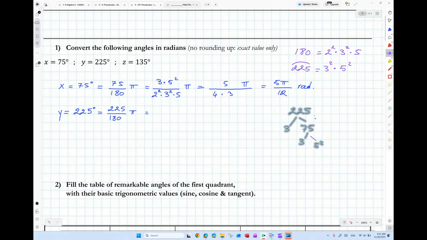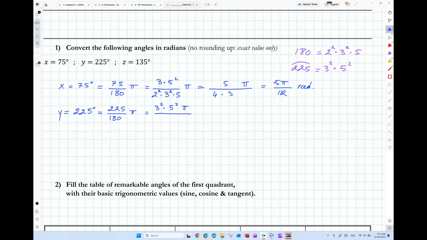So this is what I'm going to use. 225 is 3 squared times 5 squared, pi, divided by 2 squared times 3 squared times 5.